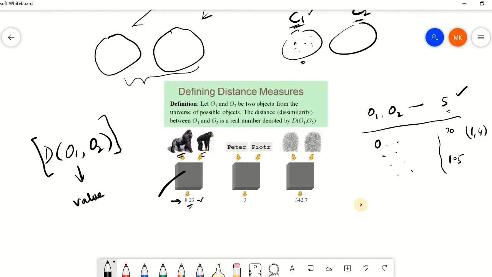So the first thing that we want from a distance measure is to take 2 objects and give us a number so that we can quantify the difference or similarity between the objects. As we said earlier, distance is 1 over similarity and similarity is 1 over distance, so we can easily switch between the 2. And secondly, we want to have this similarity between all pairs of objects so that we can relatively find which objects are closer as compared to the others.